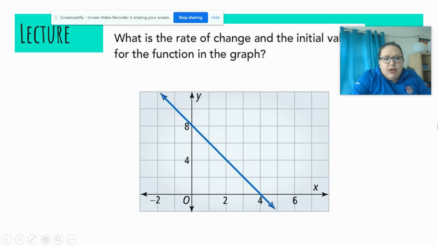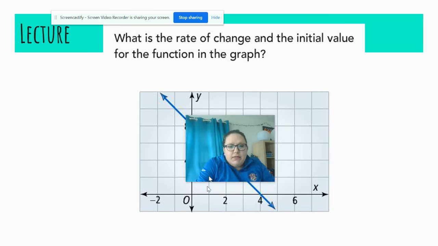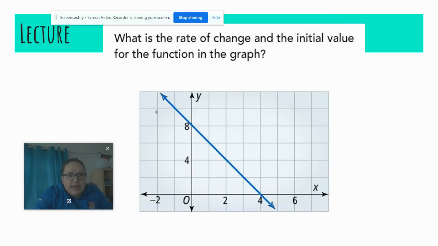What is the rate of change and the initial value for this function? We see here that the initial value is 8. I'm going to write that above this. And then for the rate of change, I can use this point here.